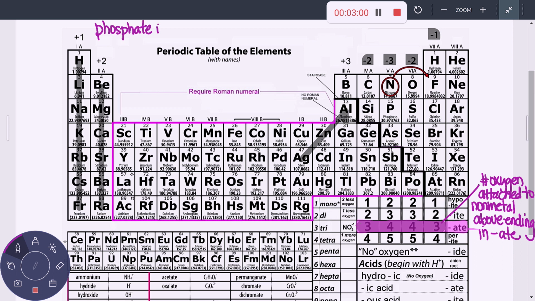If I told you that we have the phosphate ion, sounds like phosphorus is in it, agreed? Okay, so let's come over here to phosphorus. Phosphorus is right here. Since it ends in 8, it would be P and then O4, and then the charge would be -3.